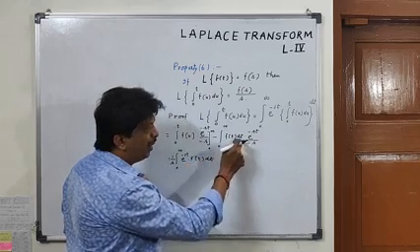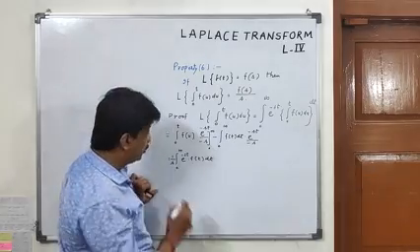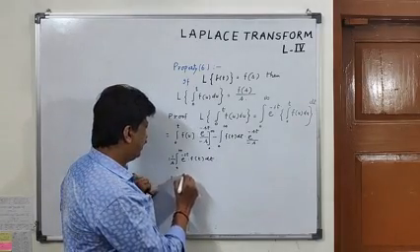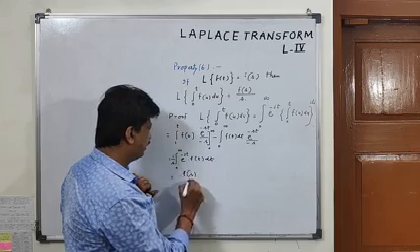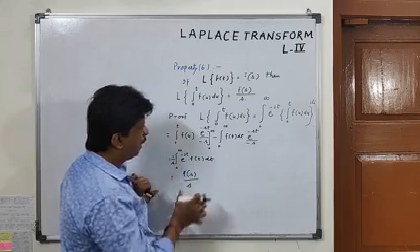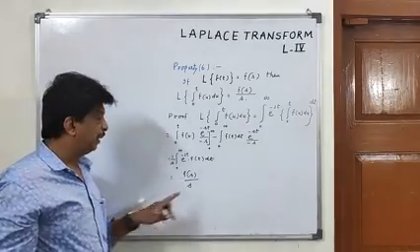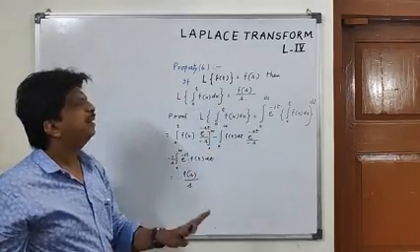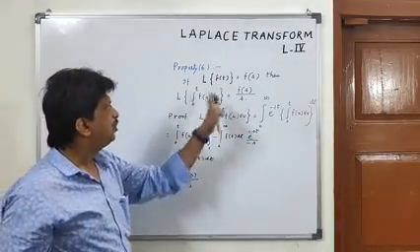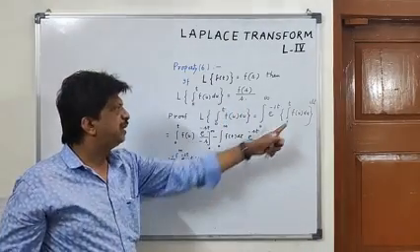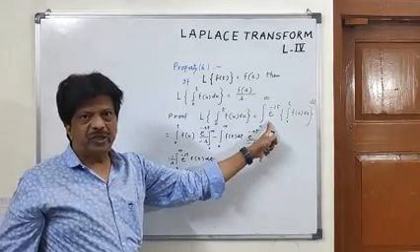This s is independent of t, is constant, so it is nothing but F of s by s. This is Laplace transform of f of t. So that illustrates simply by integrating these two functions, choosing this as first and exponential as the second one.